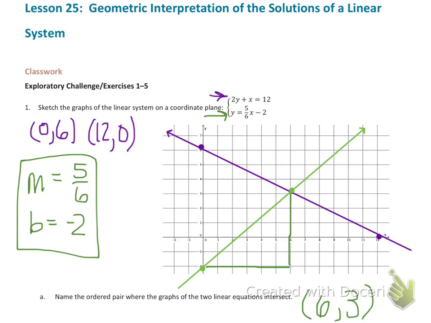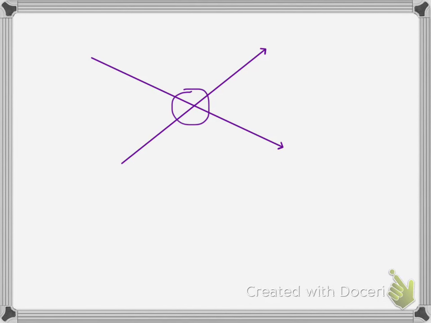Think about that. And I guess I should actually say, is it possible for two lines to intersect in something other than exactly one point? Those two intersect at one point right there. Okay, so pause the video, think about that for a minute, and then come back. We'll keep talking.